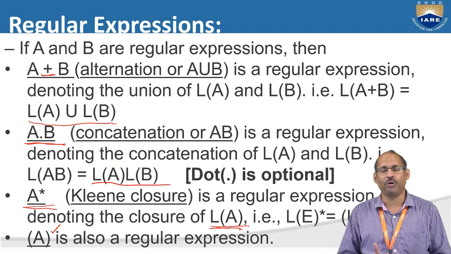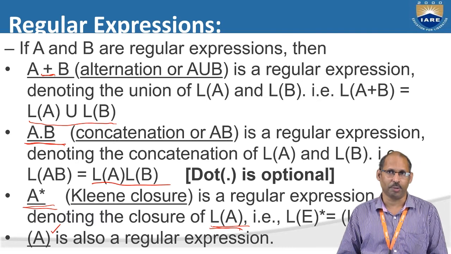So the mainly three properties we use are union, concatenation and closure properties.